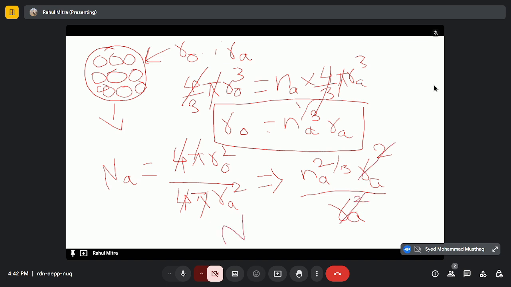So the number of surface atoms will be Na 2 by 3.